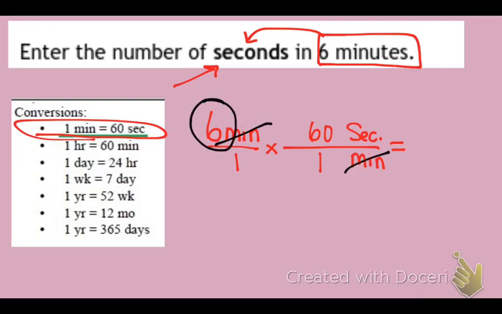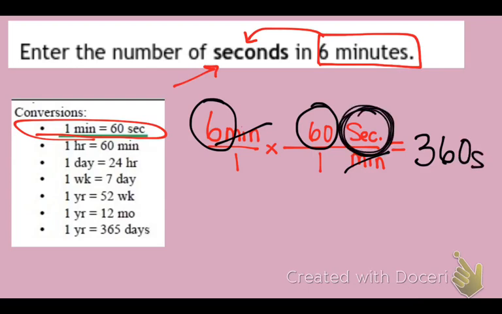We are multiplying 6 times 60. 6 times 60 is 360. Our unit of measure is seconds, which is left over there. 360 seconds. All right. With those examples and what we've previously done with conversions, let's see if we can try some on our own.